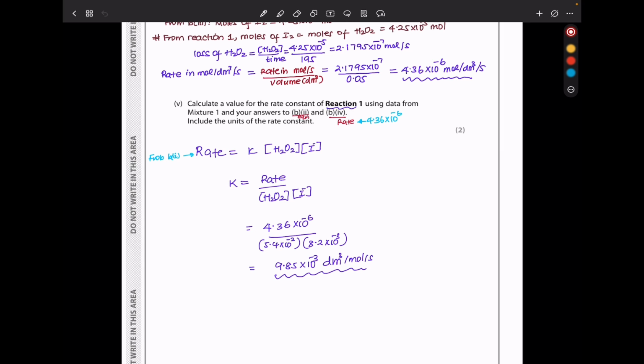So K is equal to rate divided by H2O2 and that. Substituting that in place of the rate, and then the different concentrations, like for hydrogen peroxide here, we're using reaction 1. We have this concentration, that concentration, and then the answer is going to be 9.85 times 10 power negative 3 decimeters cubed per mole per second.